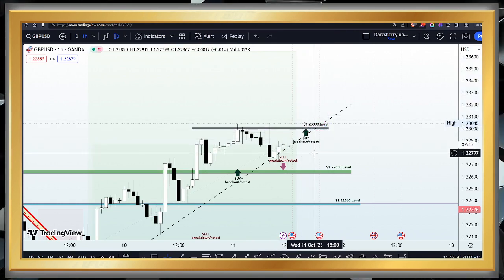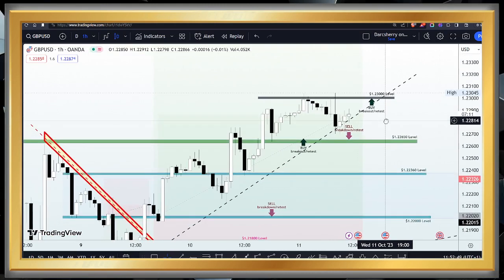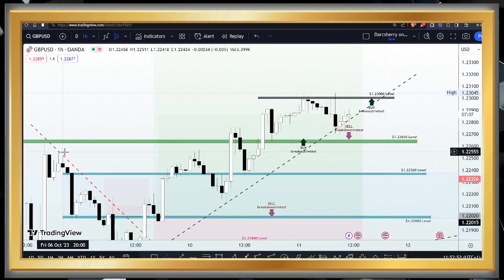Now, in as much as we're looking out for buying opportunities here, remember that the pound sterling has been under strong bearish pressure in the last couple of months, and in that regard, we cannot ignore the potential that sellers can bring to the table.